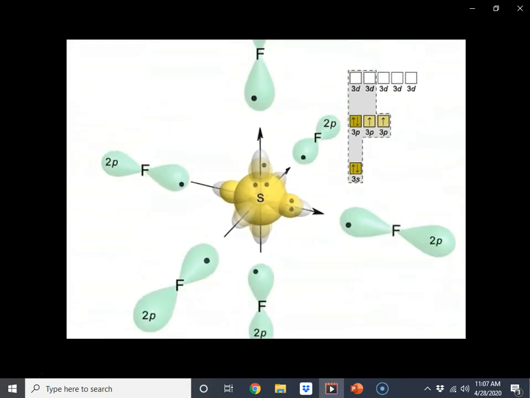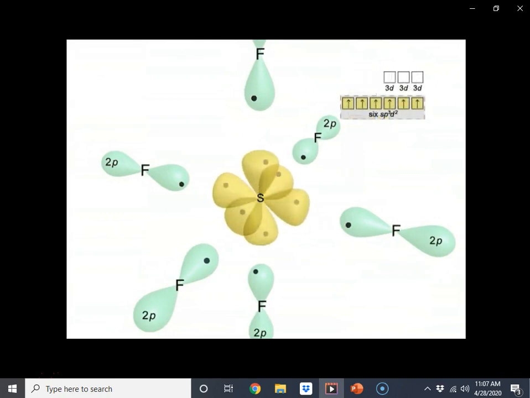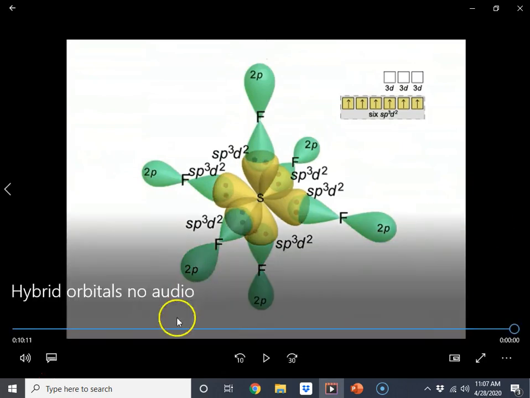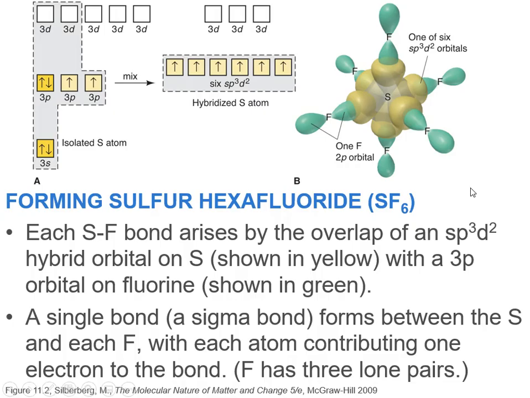But if you want to form a molecule from this atom with 6 fluorines, we have the mixing, we have the 6 sp3d2, and we form the molecule through the overlap of one of the electrons in the sp3d2 with one of the unpaired electrons on the fluorine. So here again is that same picture, mixing 6 atomic orbitals to form 6 hybrid orbitals of equivalent energy.